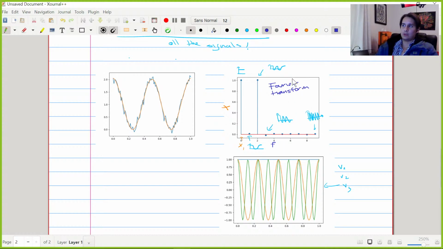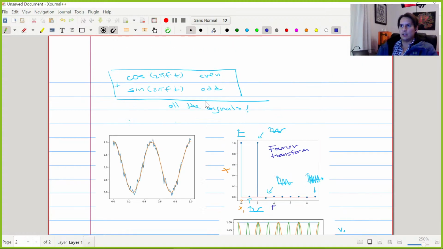So the Fourier transform is very used in signal processing, because as I said earlier, you can represent all the functions with cosines and sines. With the cosine functions, I can represent the even parts, and with the sine function, I can represent the odd parts. And when combined, I can represent all the signals.